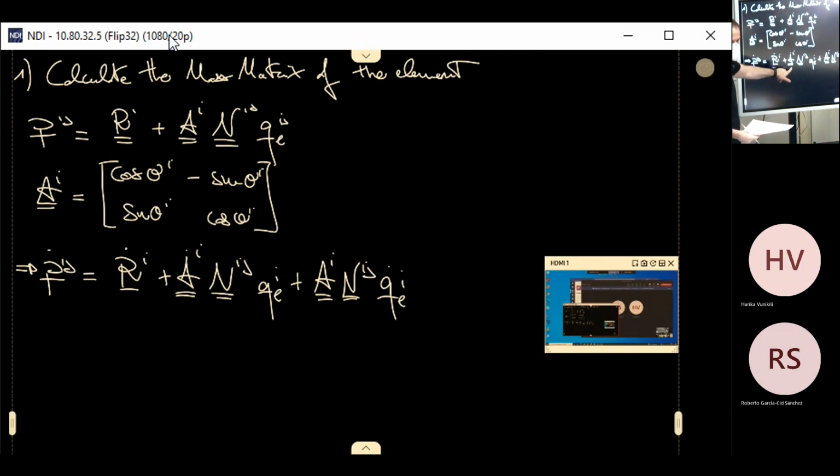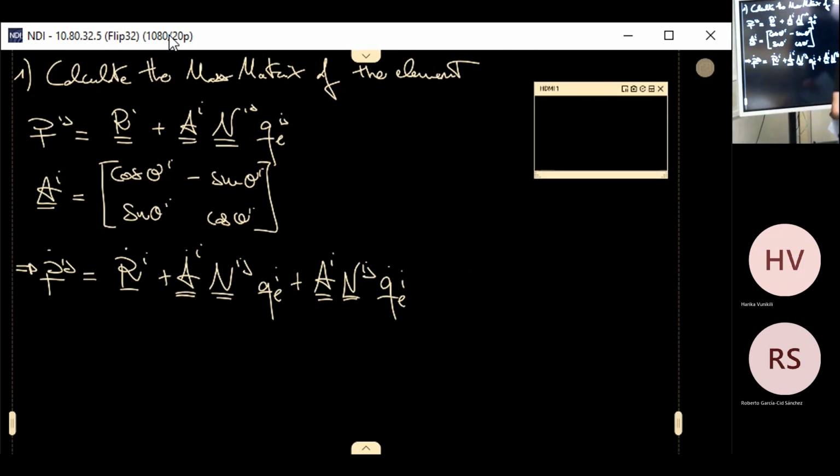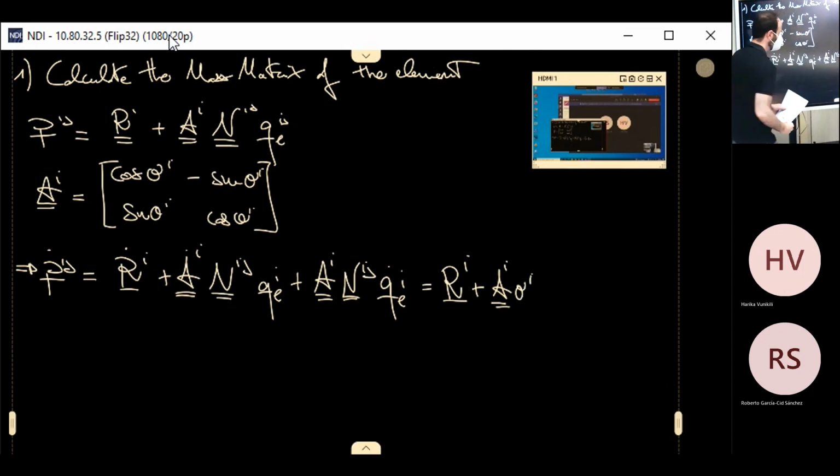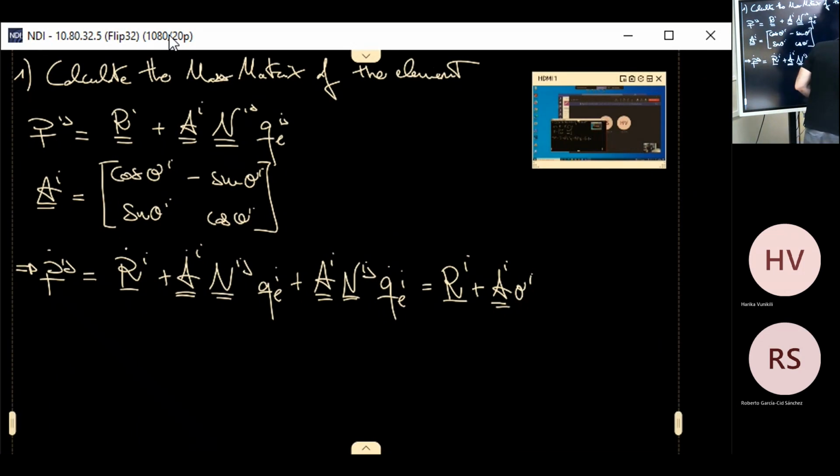And then we know that this can be written, as we have already said, as such. In this case, theta dot is a scalar quantity, because it's basically only one angle.